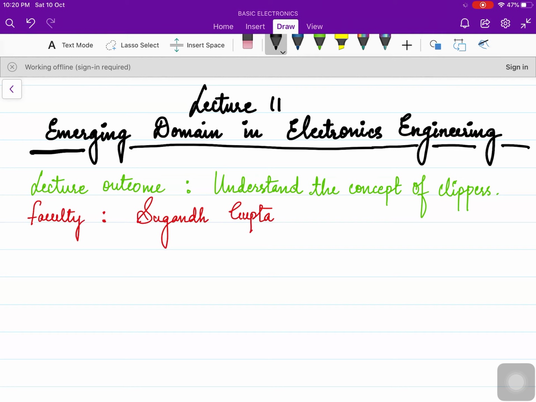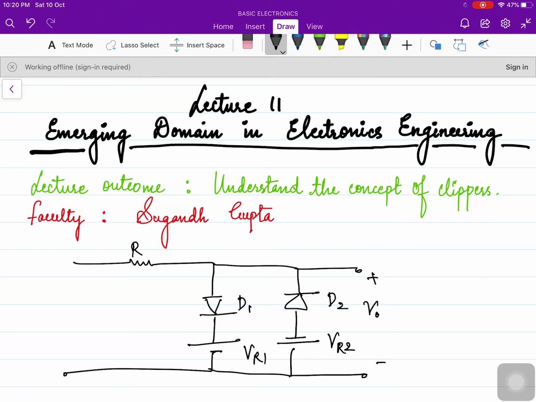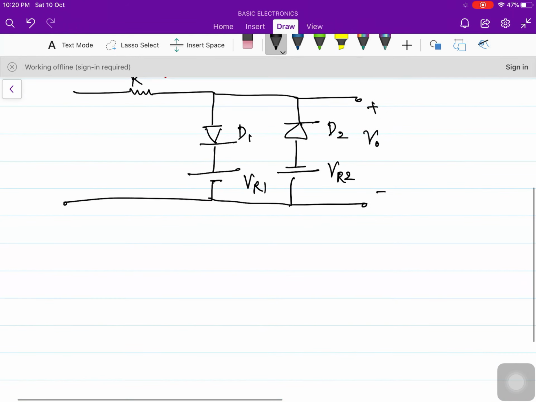So let us draw a circuit for a clipper again. So this is the circuit and let's draw an input waveform.